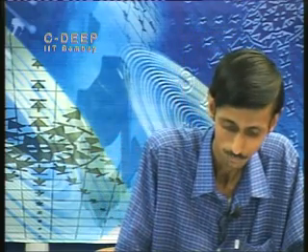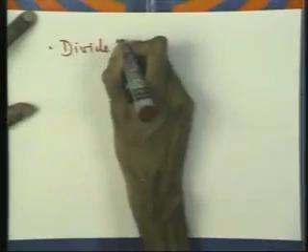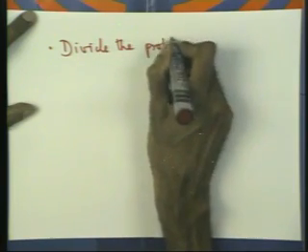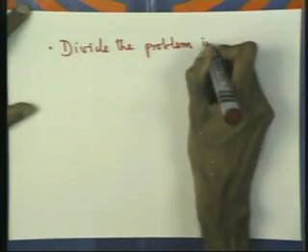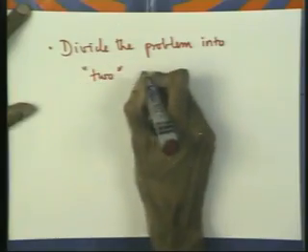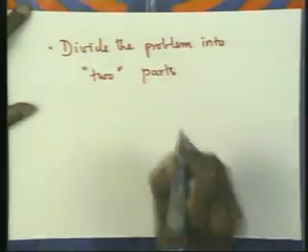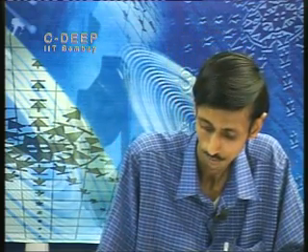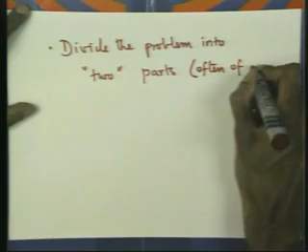So let me write down the main steps of this technique. The first step is to divide the problem into, I'll say, 2 parts. Often we will want these parts to have equal sizes.